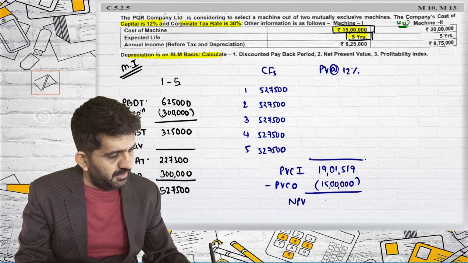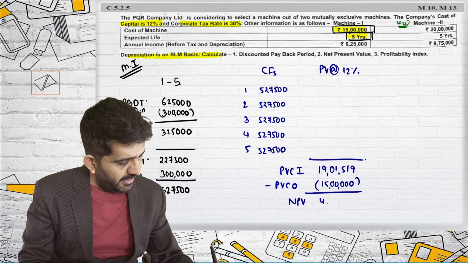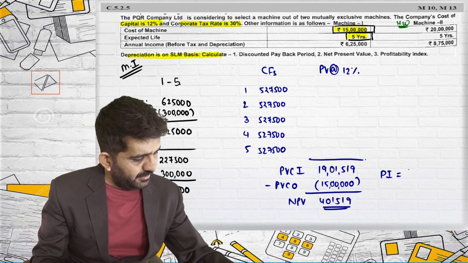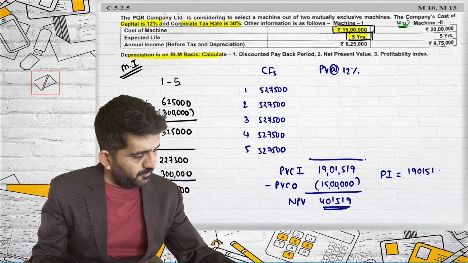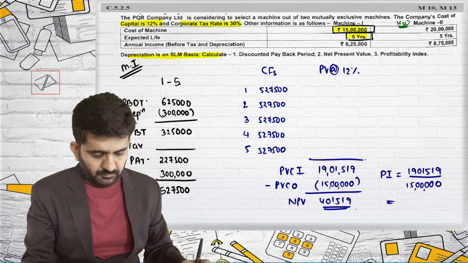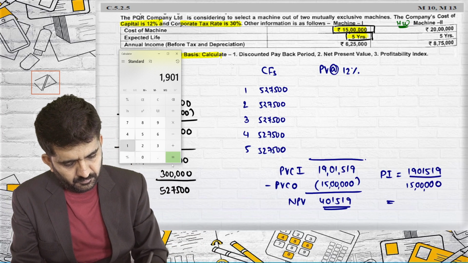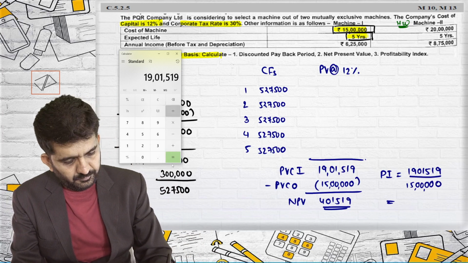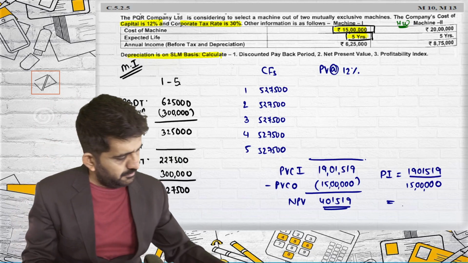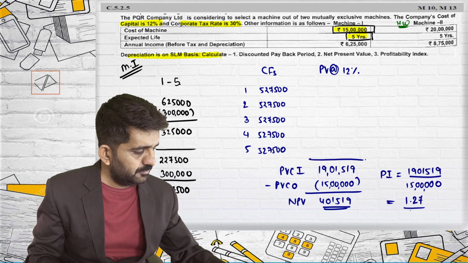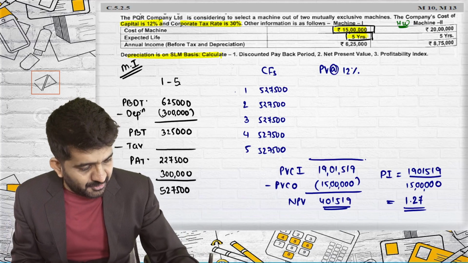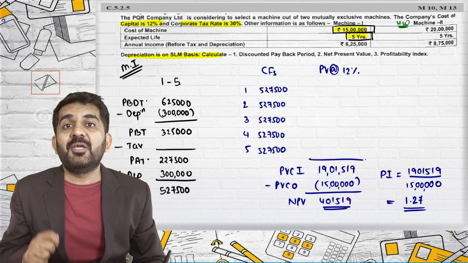So NPV is 4,01,519. I can also easily find out PI. It will be 19,01,519 divided by 15 lakhs, which is 1.27. That will be my PI.